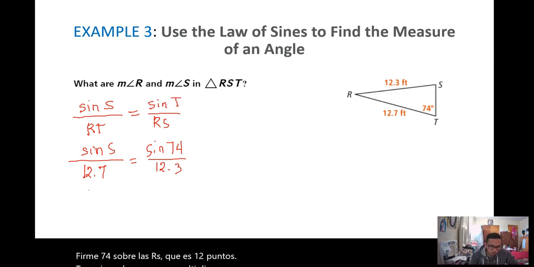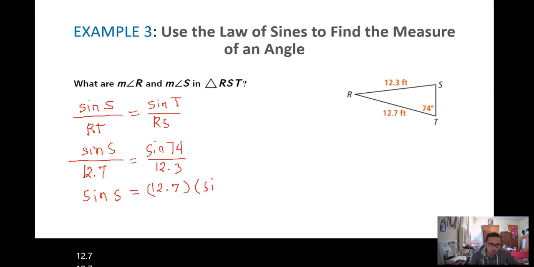It will give you sine S is equal to 12.7 multiplied by sine 74, and then divided by 12.3.